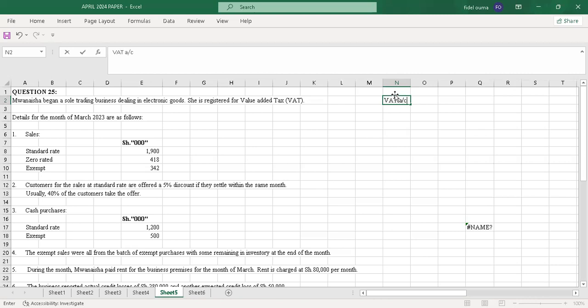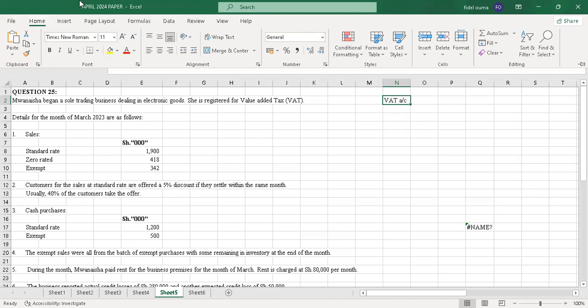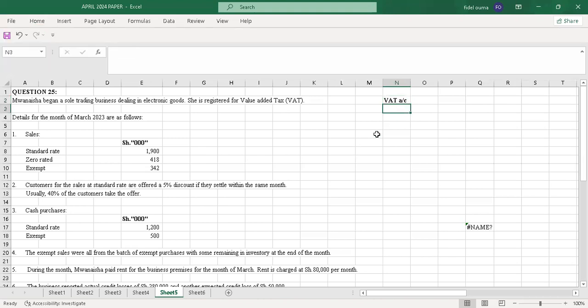The account. So let me just bold it. Yeah, that's okay. So we'll have a column. We'll have input VAT first here. So this is what I will do. I'll create a bottom border.